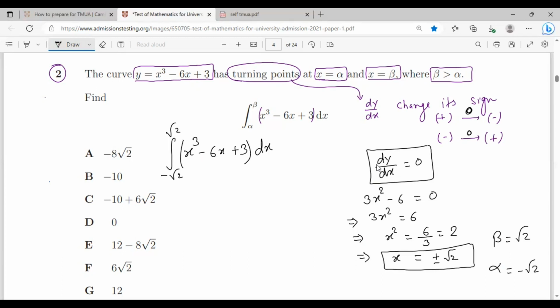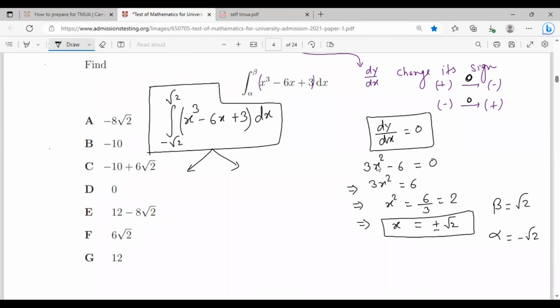Now we have two approaches to solve this question. The first is the straightforward way, where we apply the basics of integration and integrate each part individually.